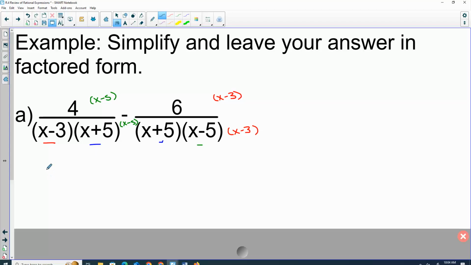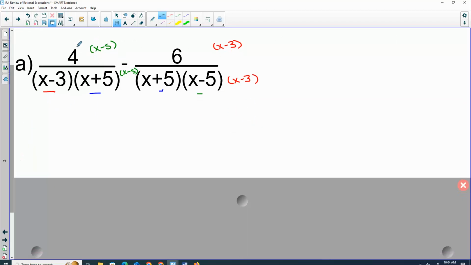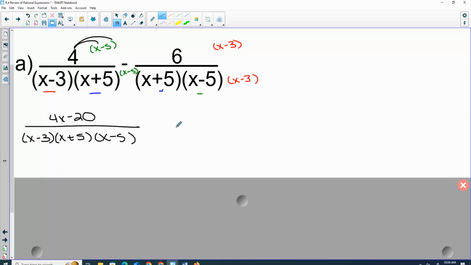So when we do that, if I distribute, we get 4x minus 20 over my denominator, just the 3 parentheses written in any order, minus 6x minus 18.